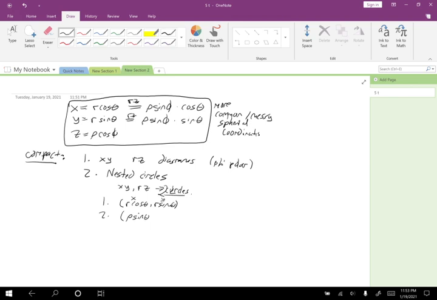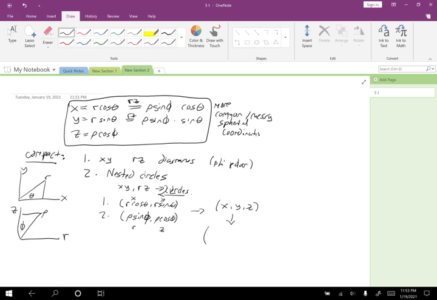And now we're going to do RZ. So rho sine phi and rho cosine phi. I'm just going to put the diagrams here for clarity's sake. Z, R, phi, rho.